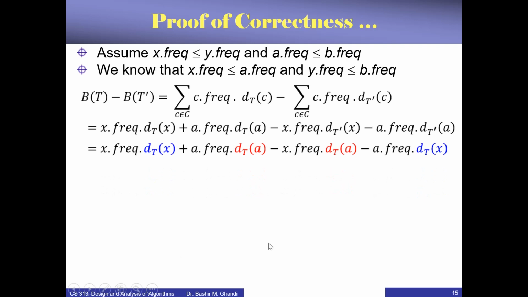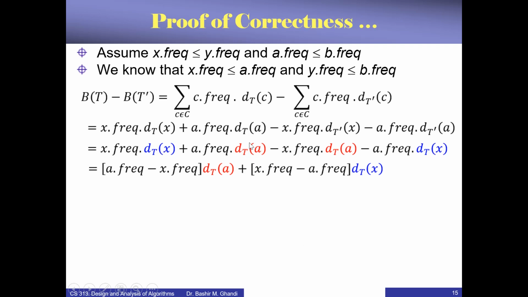Okay, because doing this will allow us to do some factorization, because we now have two elements with the depth of a in T, this term and this term, and also two elements with the depth of x in the old tree, dT(x) and dT(x). So if we factor this out, this is what we're going to have.